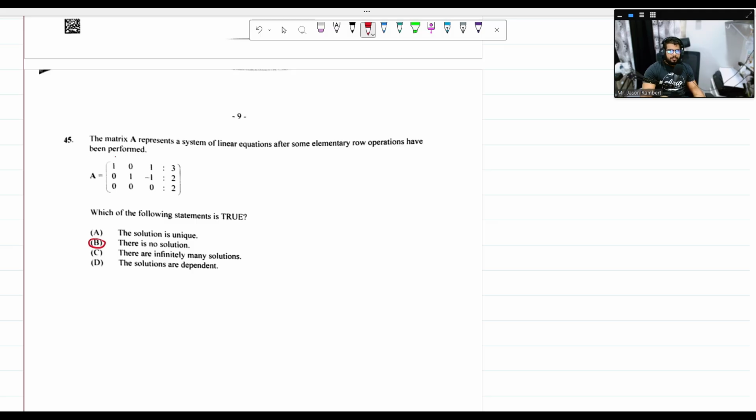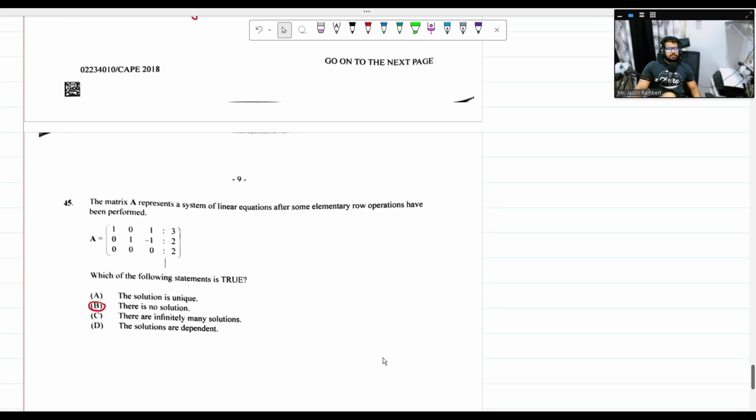Remember, this represents the x variable, the y variable, and the z variable. So this says 0x plus 0y plus 0z is equal to 2. That doesn't make sense at all. So this has no solutions. It's not the case that it has an infinite number of solutions, where the solutions are dependent. Alright, so that is 2018.